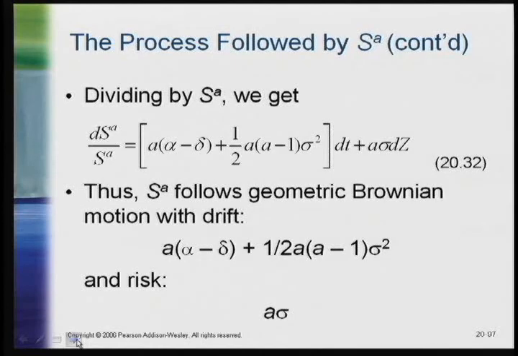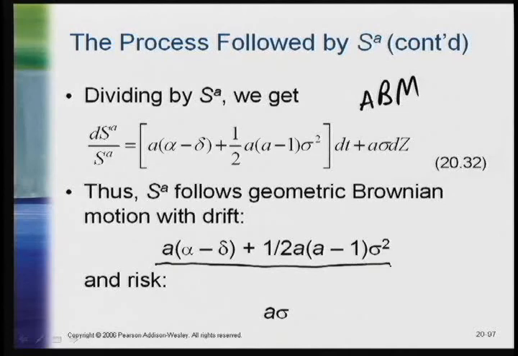And what we see is that the ratio of d(S to the A) divided by S to the A is arithmetic Brownian motion. The ratio of the differential of S to the A to S to the A is arithmetic Brownian motion, so S to the A follows geometric Brownian motion, just like S does. So what we've now concluded is that Ito's lemma tells us that if S follows geometric Brownian motion, every power of S also follows geometric Brownian motion, and we now have here a new drift term.